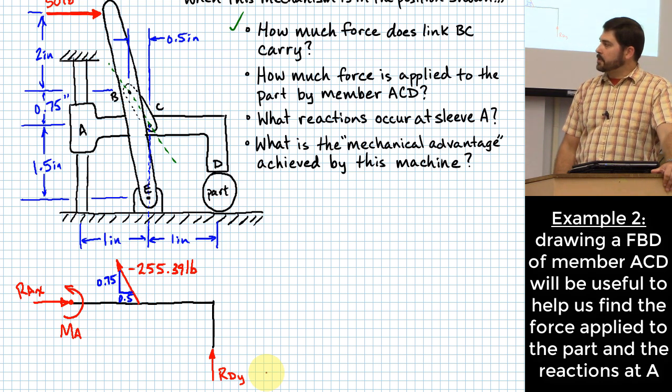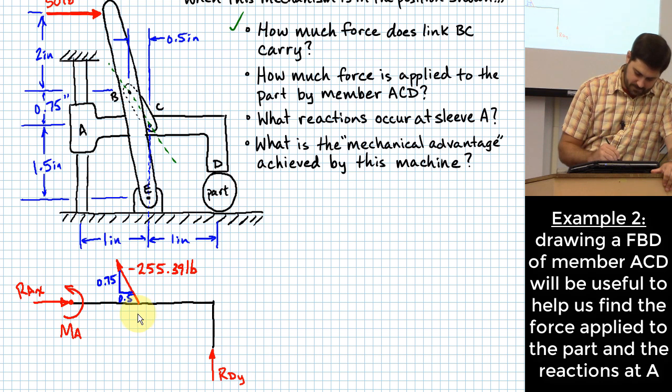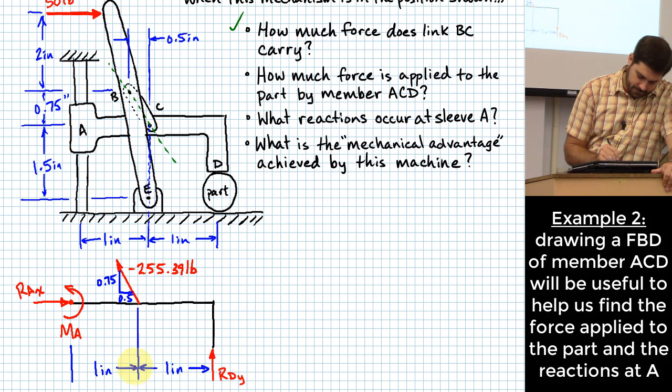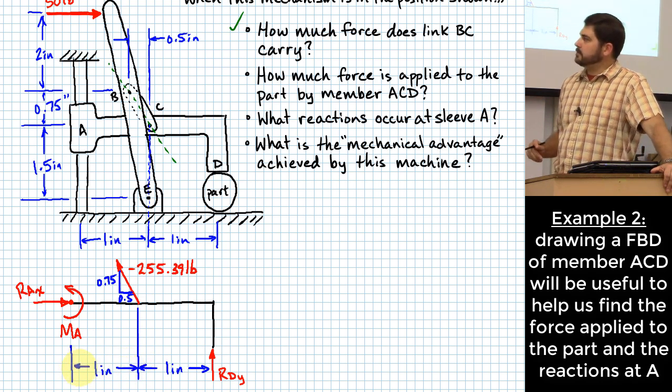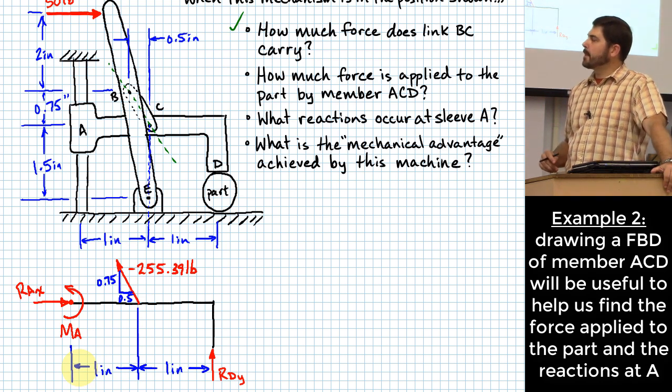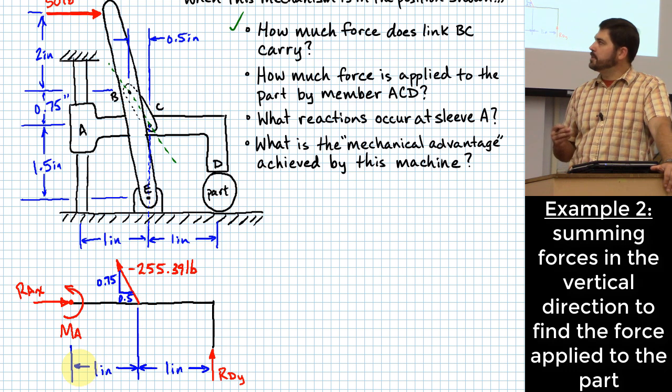Okay, what else do I need on my free body diagram? Okay, 1 inch and 1 inch. Okay, cool. We're supposed to find how much force is applied to the part by member ACD. What's our equation we should maybe look at first?